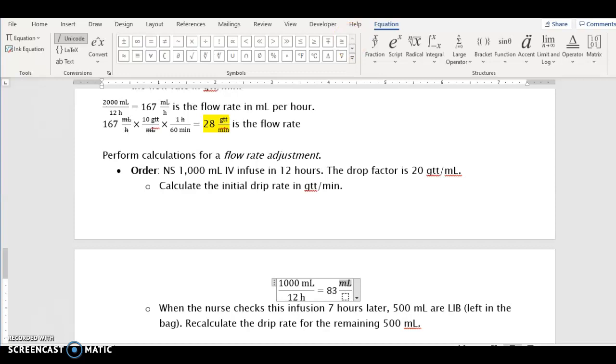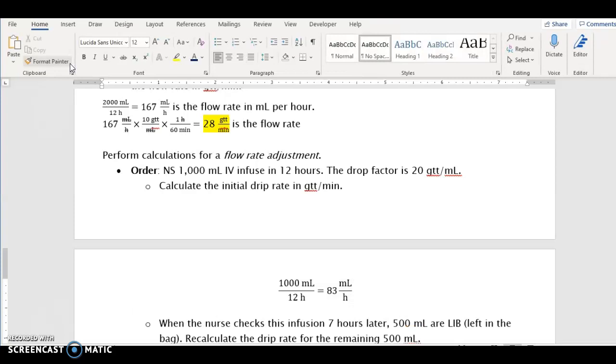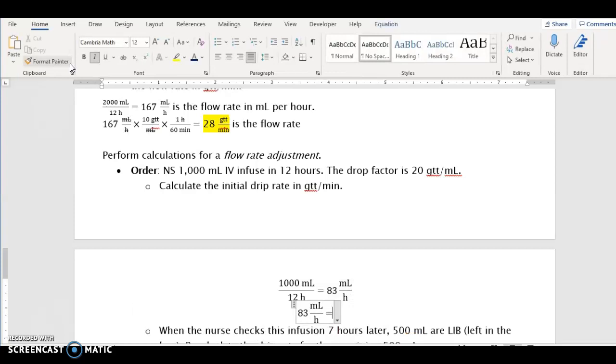Next, we convert the flow rate in milliliters per hour into drops per minute, like we did in the previous example. With the flow rate in milliliters per hour, we multiply by the drop factor, which says that there are 20 drops in 1 milliliter. Again, the drop factor depends on the tubing that you use. For this particular IV infusion, the tubing has a drop factor of 20 drops per milliliter.